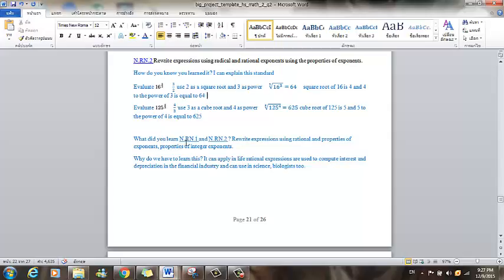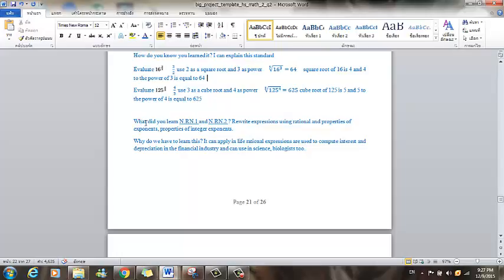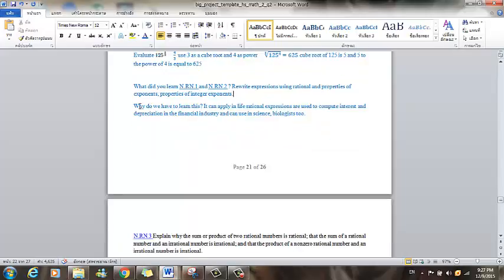So why did we learn this standard? Sorry, what did we learn in this standard is we simplify the expression using the rational and integral properties of exponents. So why do we learn this?